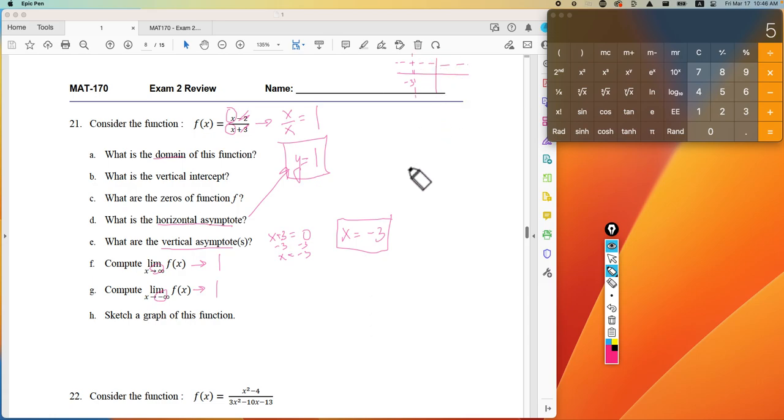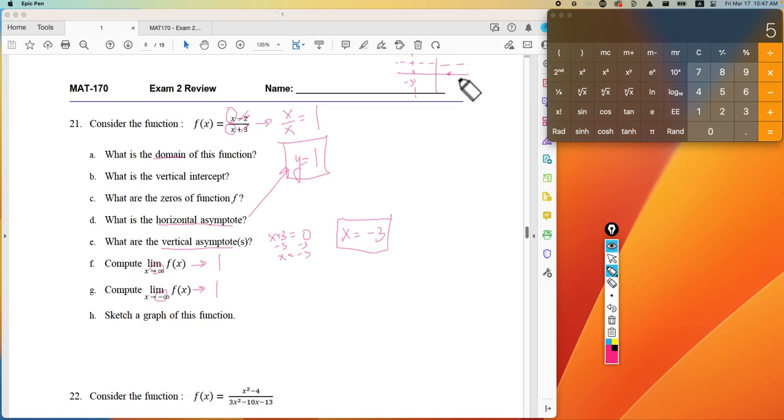And I've got a start here. What we'd have to do is what we came up with. What did we say? I shouldn't have erased everything. What are the zeros of the function? We have a 0 when x is 2. So that means we're going to cross right there. And we also came up with the vertical intercept.